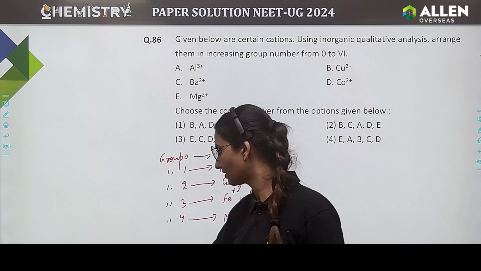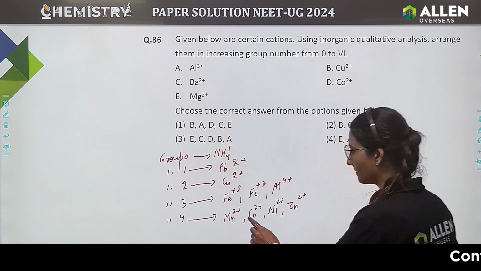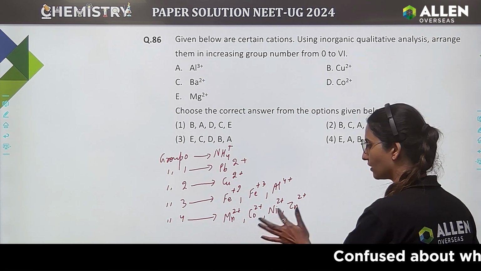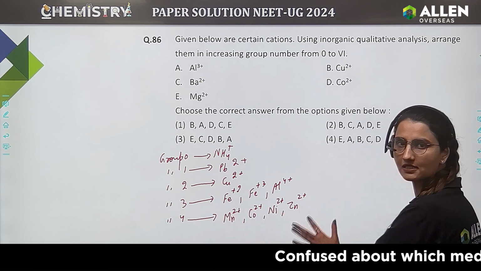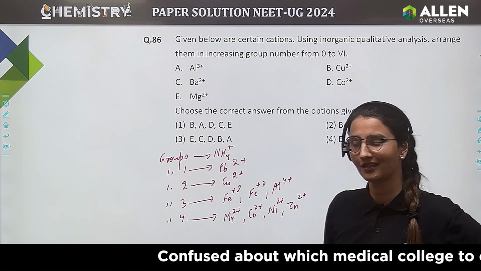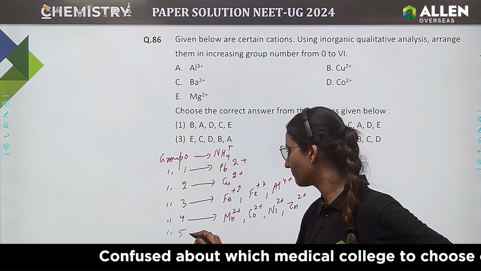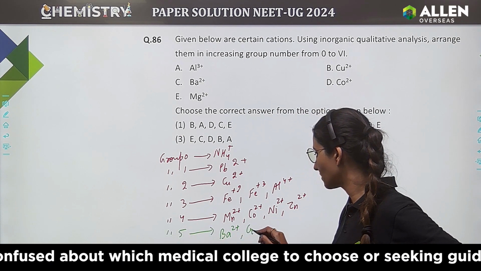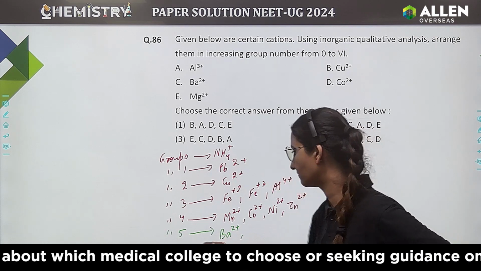There is a trick. We remember it like this: Mn, Co, Ni, Zn, as a phrase, "मेरे को needs जीना". Right? Group 5 has barium, strontium, and calcium.